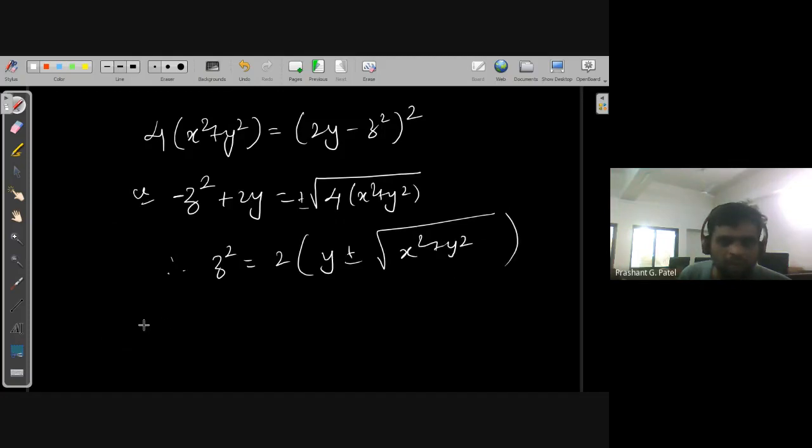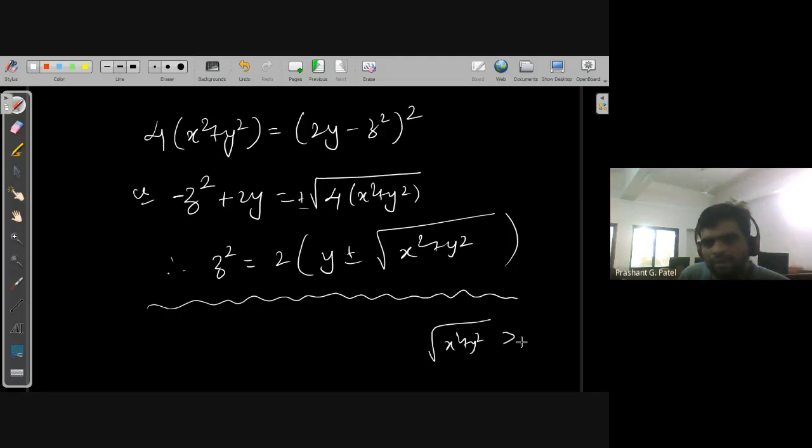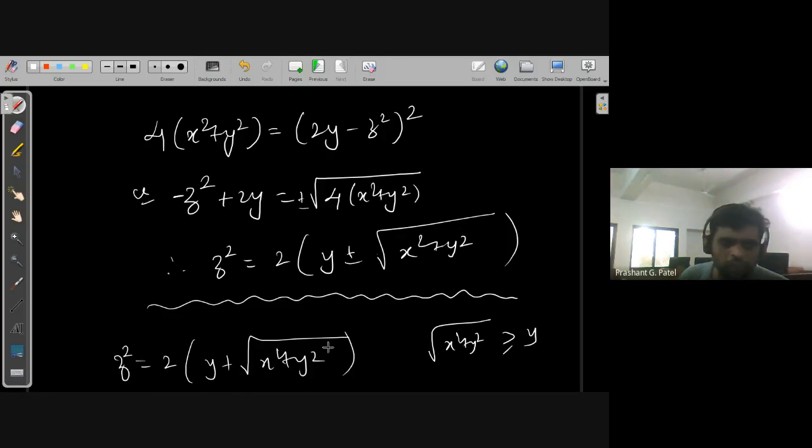And that is our required surface, which does not have any arbitrary constant. And if you want, you just discard the minus sign from this, due to x square plus y square being greater than or equal to y. So the required surface is z square equal to 2 into y plus square root of x square plus y square, which is the required integral surface passing through the given curve.